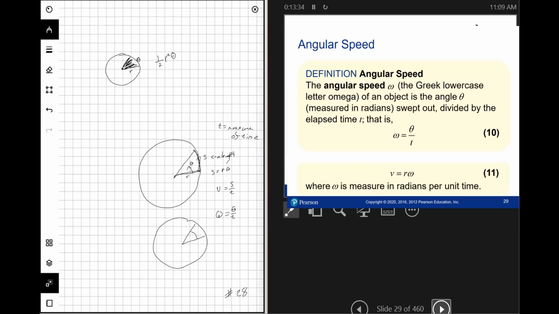And we have another way of writing v for the velocity or the speed, because of the relationship between s and theta. We could say theta is the arc length over the radius.